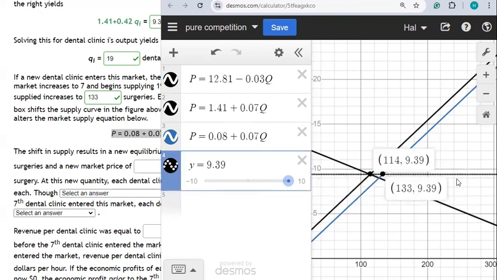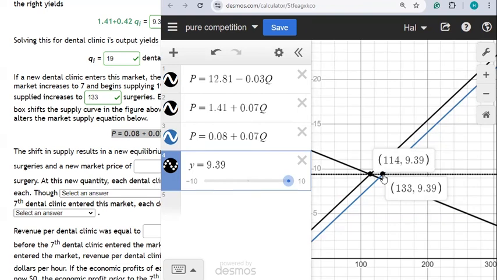Now notice at this price of $9.39 thousand, the quantity demanded, the quantity needed, is only 114. The quantity supplied is 133.